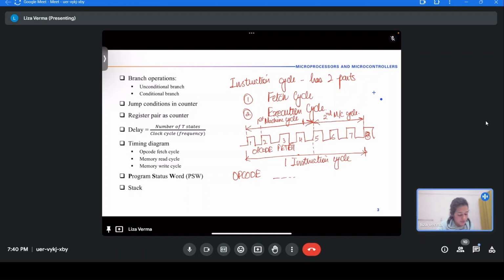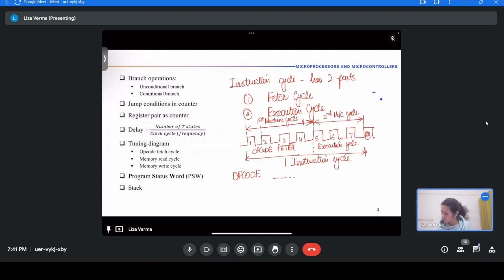So first is opcode fetch. The second is the execution cycle. Opcode fetch is the compulsory machine cycle. It will happen first and foremost for any instruction. Okay, that much is clear.